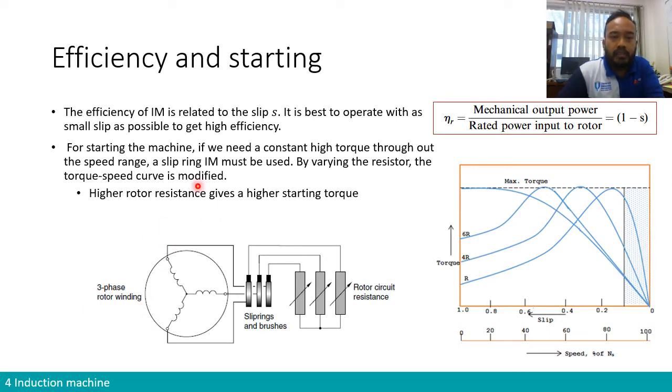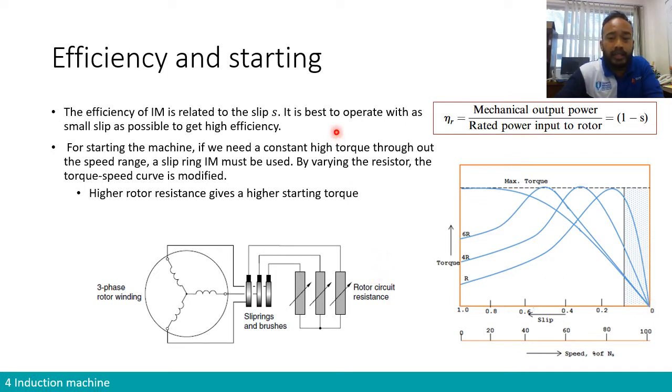So let's begin with efficiency. The efficiency of an induction machine is very much related to the value of slip. Why? Because if the machine is operating with the rotor very close to the synchronous speed, then the machine is very efficient, where it can pull the load very easily.